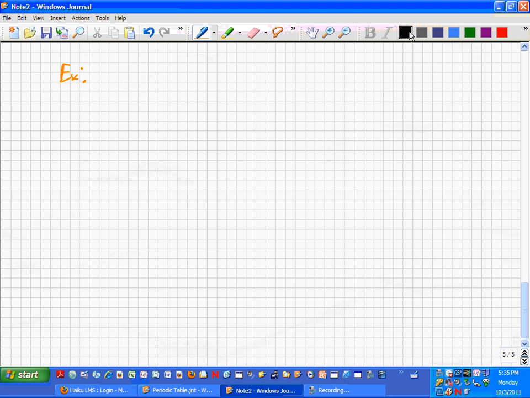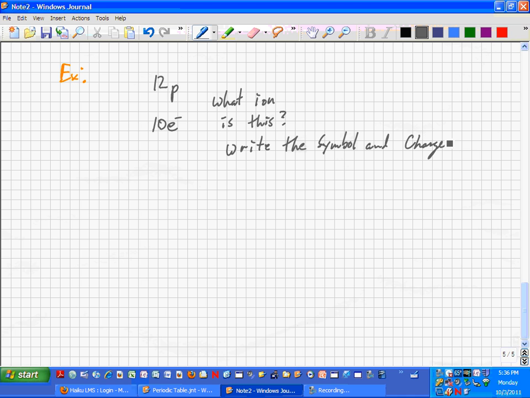Examples. Let's say that I have something that has 12 protons, 10 electrons. What ion is this? Write the symbol. Well, symbol's easy. That's probably the thing I'd attack first.